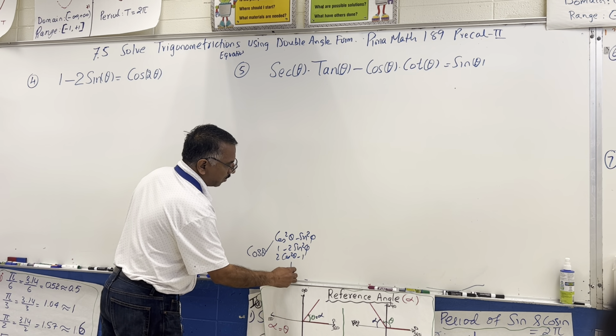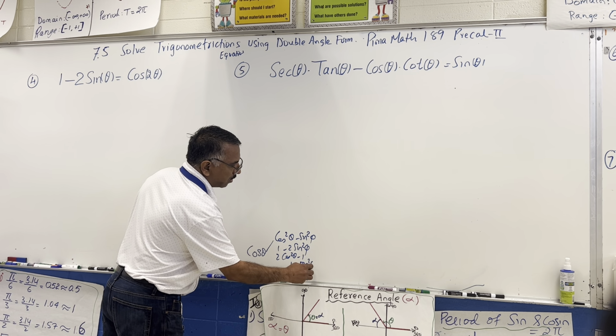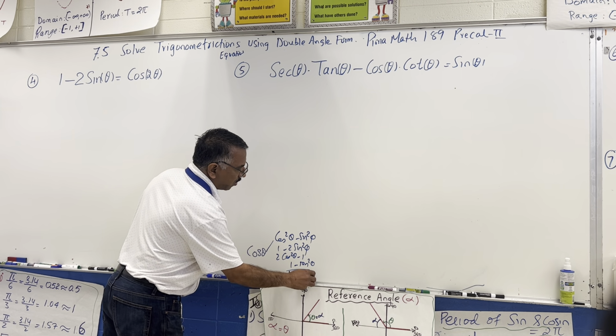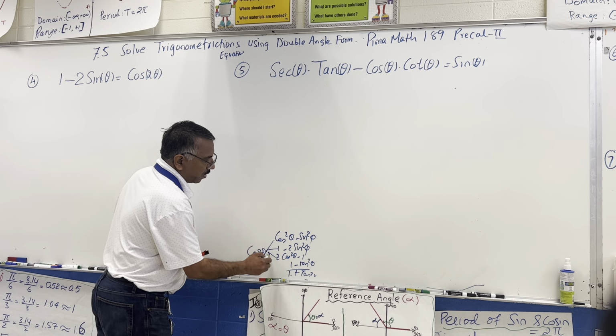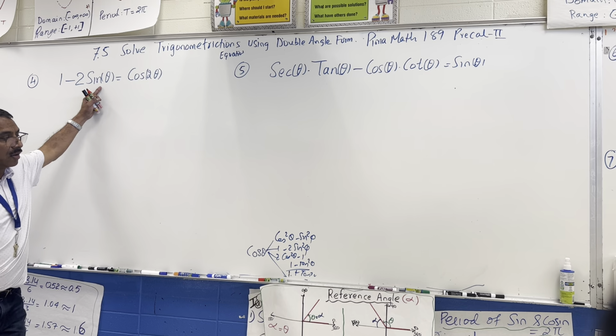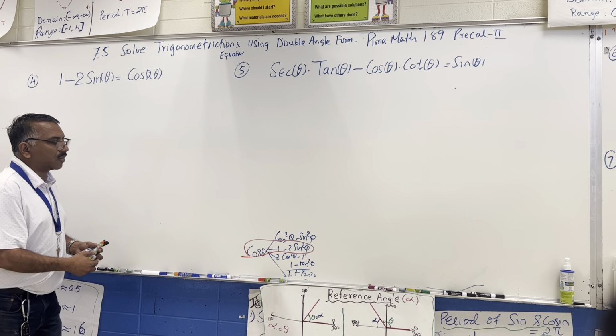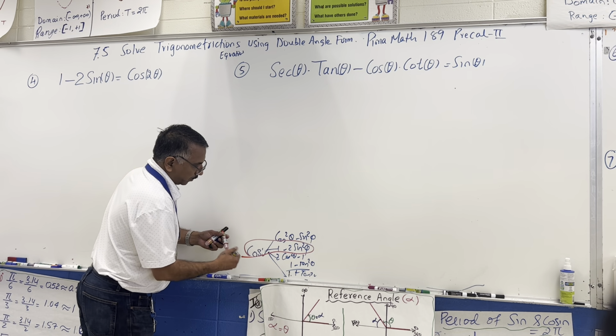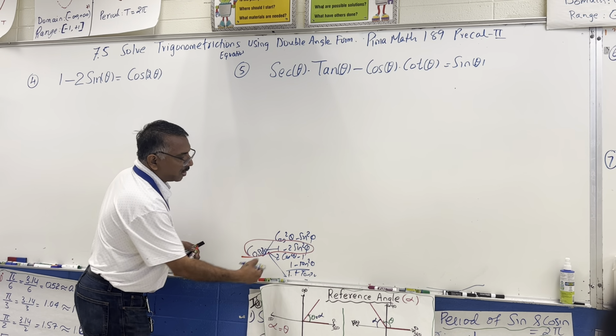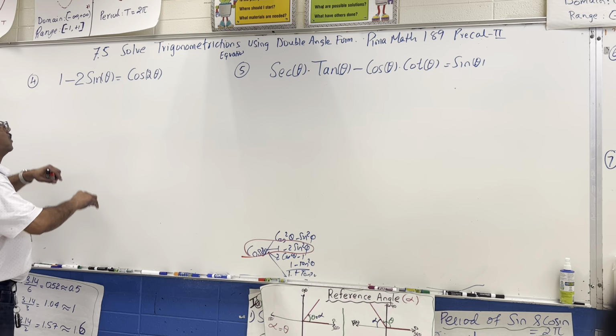So we have so many options, and the best bet for us is the one that has the sine. You can clearly see this one is the best bet for us. So in place of cosine 2 theta, let's replace it by 1 minus 2 sine square theta.